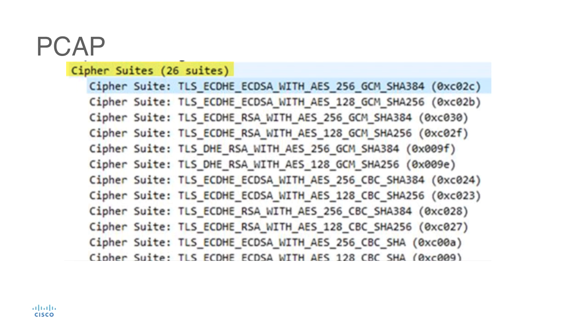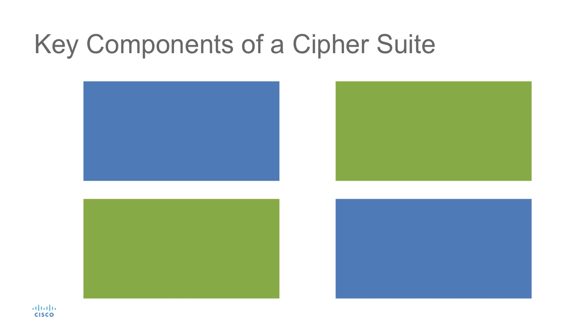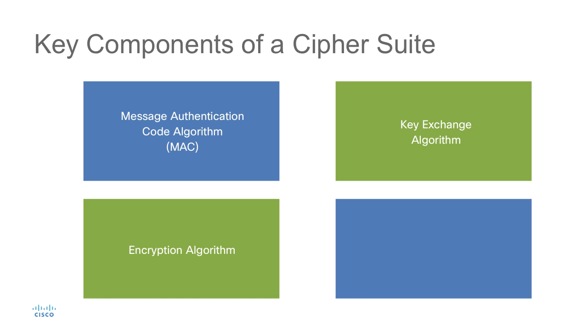What's happening is 26 different cipher suites are being offered. These cipher suites are different from one another. They have different settings and different values, different combinations of encryption algorithms, hashing algorithms, and so on. Now, the key components of a cipher suite include the message authentication code algorithm, or MAC, the encryption algorithm, the key exchange algorithm, and the authentication algorithm.